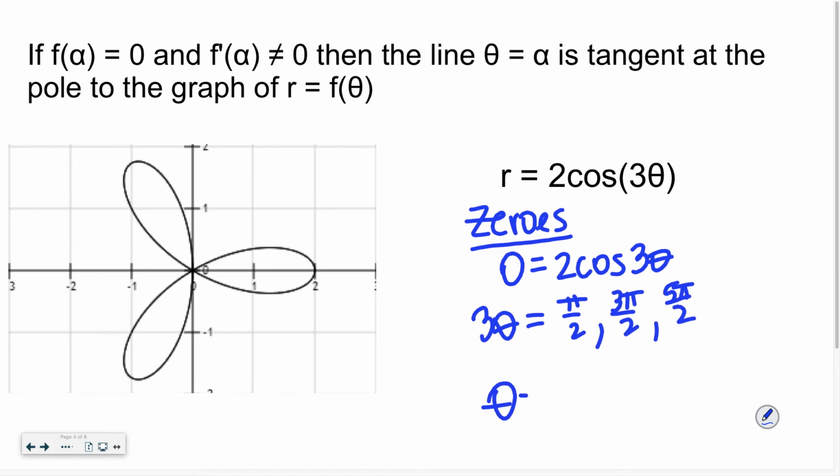I haven't done any calculus, we're just finding zeros of the curve. We are at the pole at pi over 6, pi over 2, and 5 pi over 6.